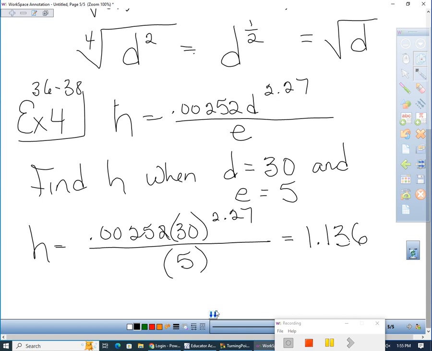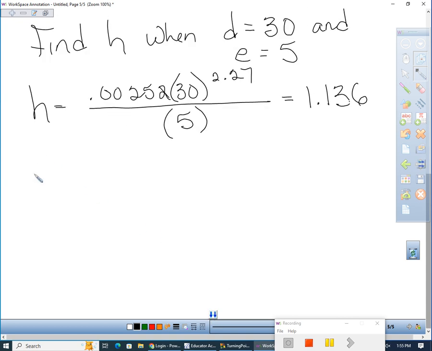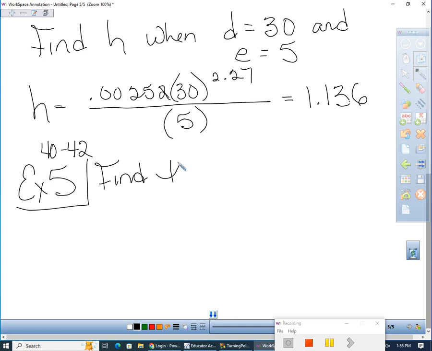Now, last example today, example number 5. Example number 5 is going to cover your 40 and 42. And I'm going to ask you to find the product or quotient.